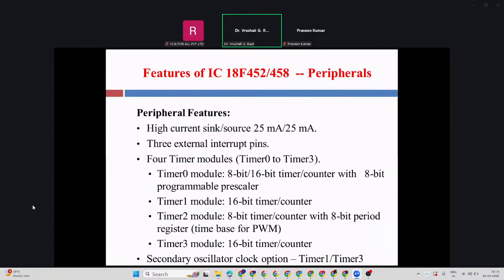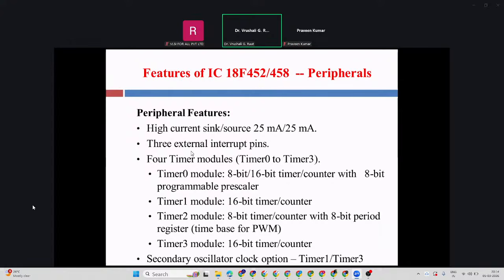Are you getting the point? 25 milliampere sink as well as source, high current sink as well as source, is possible in the case of 18F. Now, compared to this, at your level, try to find out what is happening with 8051, and you will understand why we are saying high current sink and source is happening here.